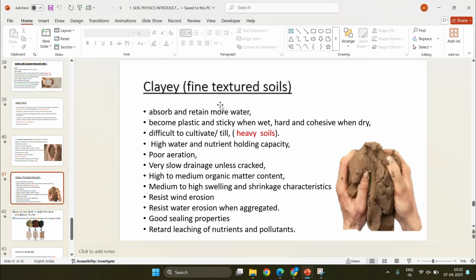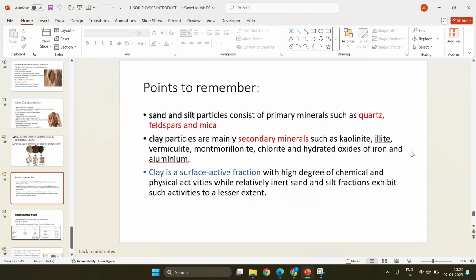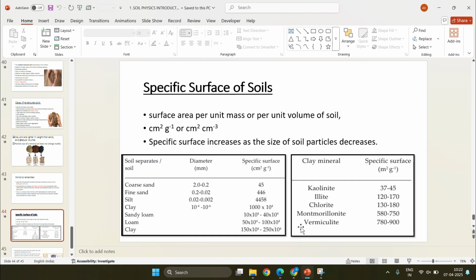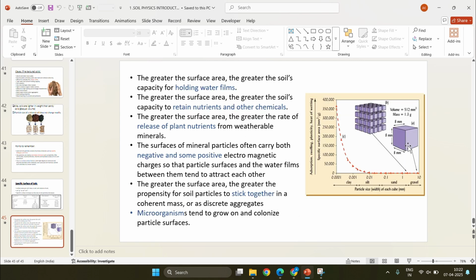Heavy soils are clay soils. Clay is the surface active fraction. Vermiculite has high specific area. The specific surface or specific area increases as the particle size decreases. So it's all about our class today, and I think everyone understood these concepts and ideas.